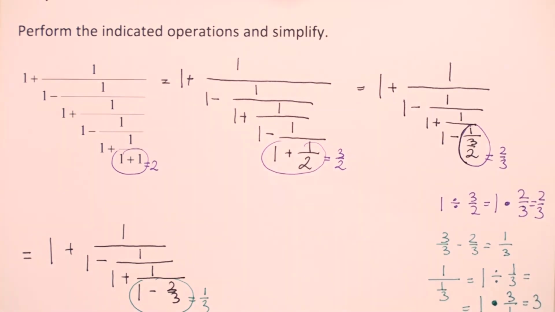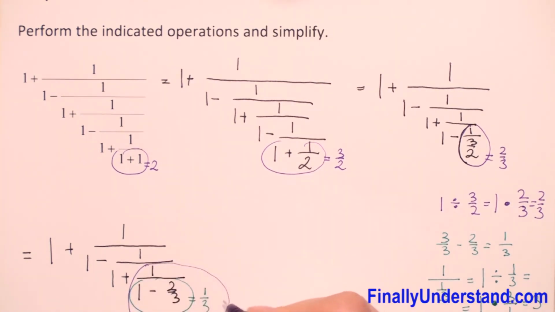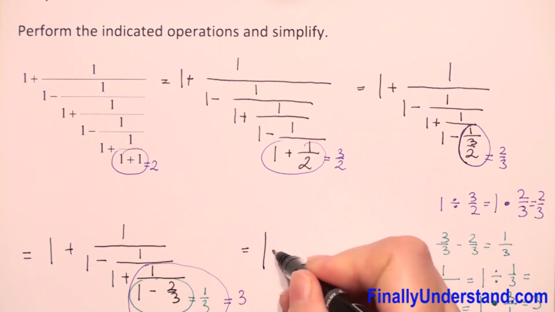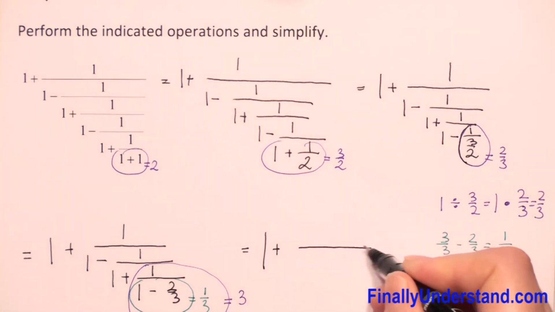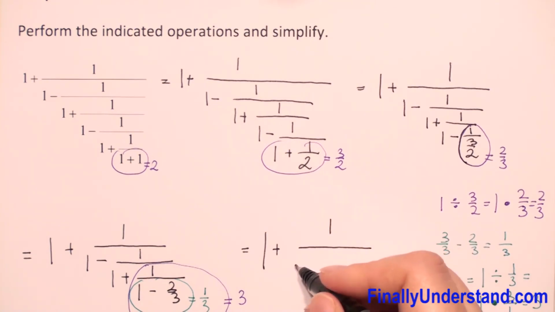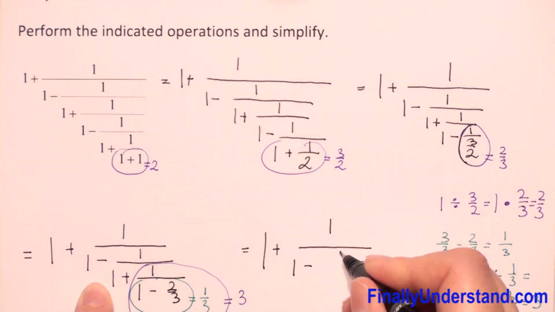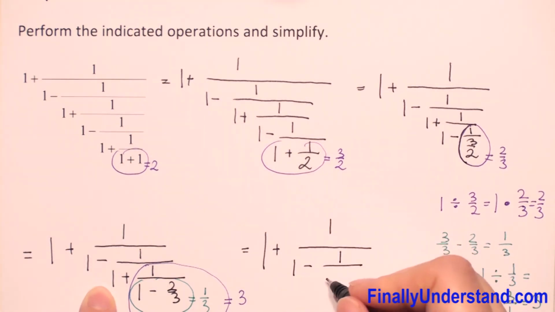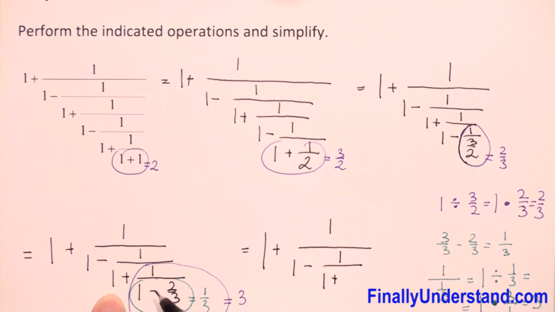So 1 divided by 1/3, this fraction has value 3. So now let's start from the beginning. This is 1 plus, we copy 1 over 1 minus 1, and we have 1 plus, this whole fraction is equal to 3.